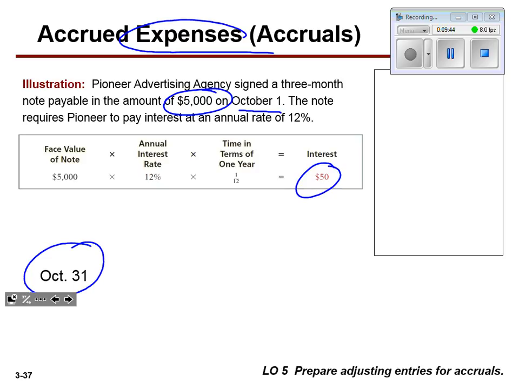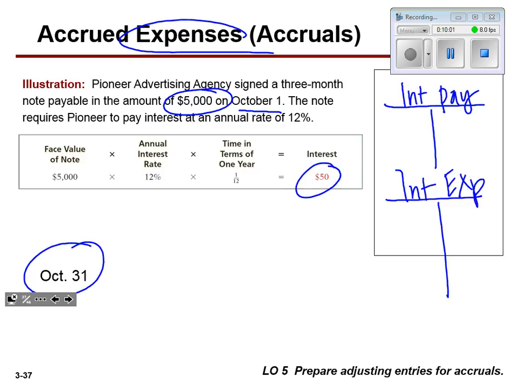So we've got two accounts here. We have interest payable and an interest expense account. If we owe $50 eventually, that's a credit.